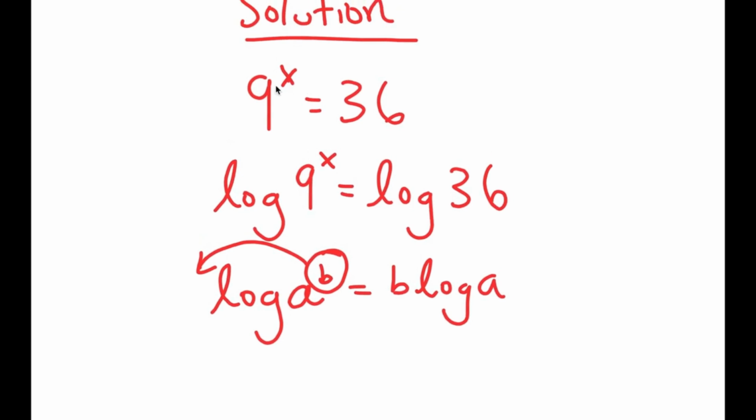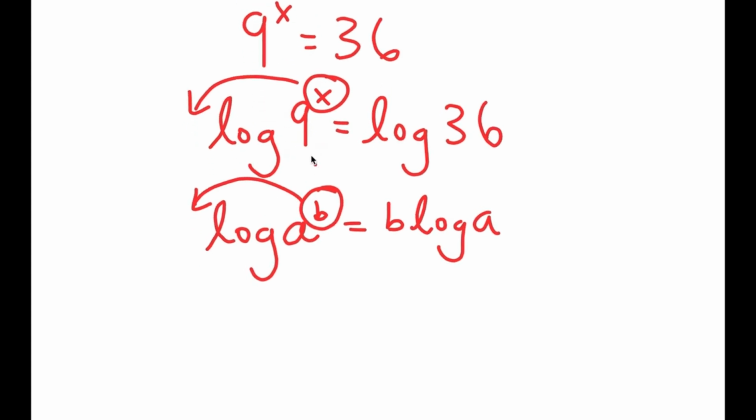So before, x was an exponent, and it's almost impossible to solve the equation in that form. But now we can move x to the front, and now it's much easier to solve for x.